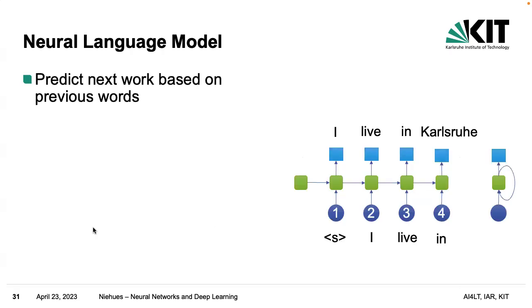So what you're saying is, okay, we start with a sentence start. Then the first correct prediction in our example would be I. Then we give the model sentence start and I, and it should predict the next word, which would be live. Then we give in live, and then it's in, and then in and Karlsruhe.